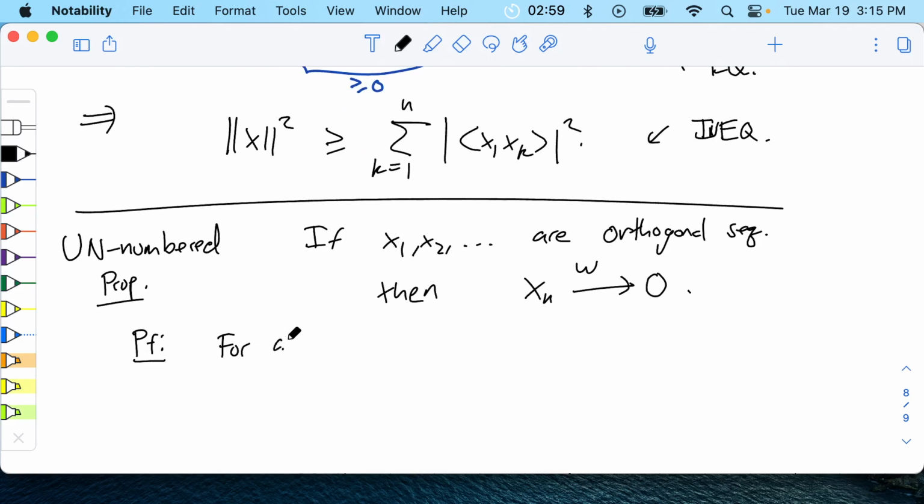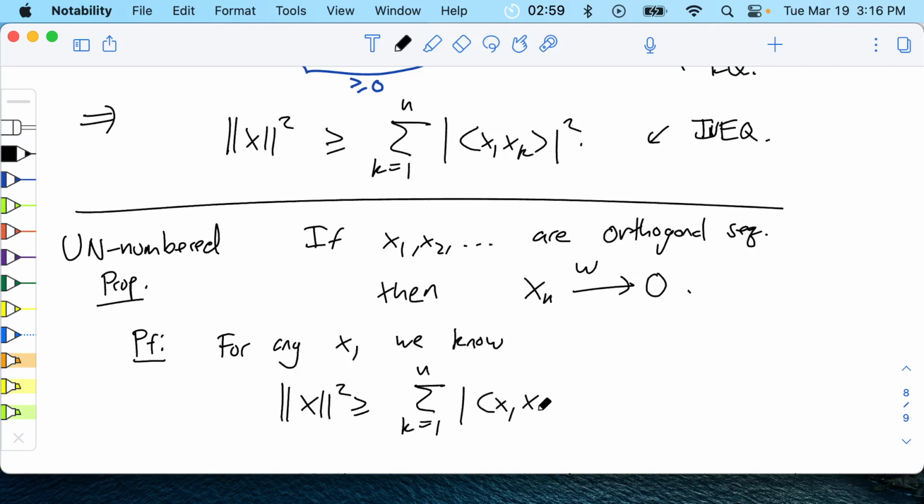For any x, we know the norm of x squared is greater than the sum from k equals 1 to n of xk squared, by Bessel's inequality.